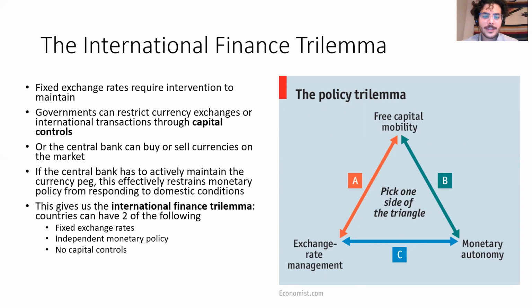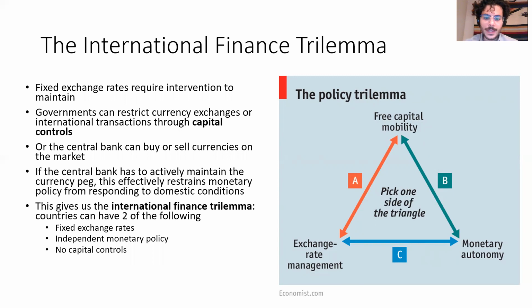But if the central bank has to decide how much it's going to change interest rates or print money or reduce the money supply based on international supply and demand for money, they're not going to be able to respond to domestic conditions, because those two things are going to affect each other, right? Anytime the central bank does anything, it's going to affect both the domestic economy and the exchange market.